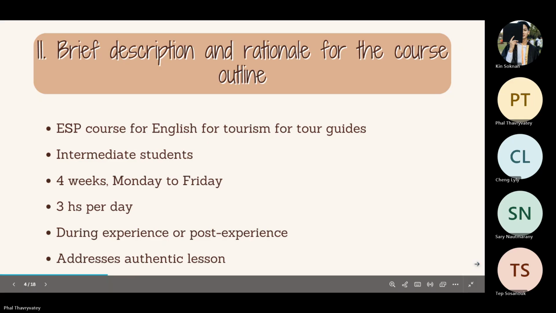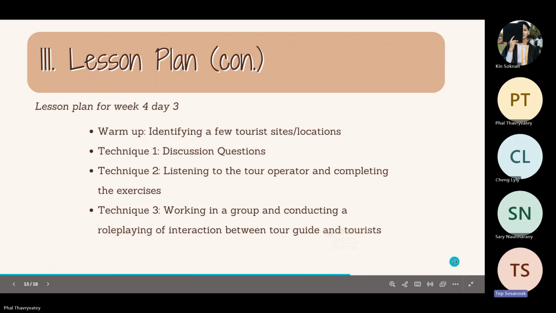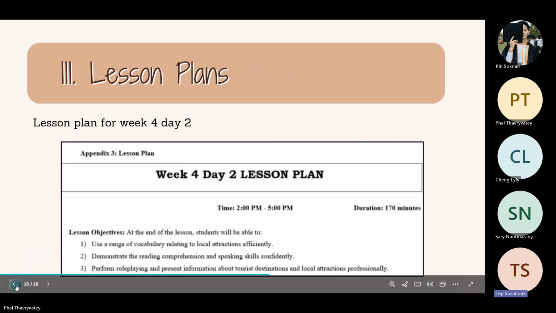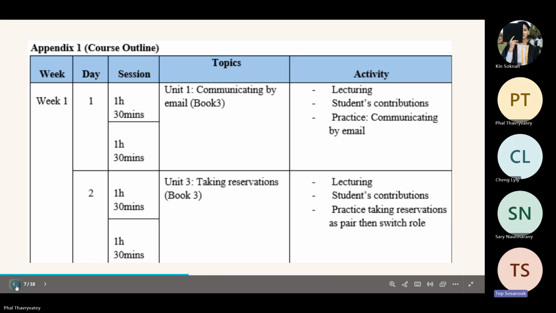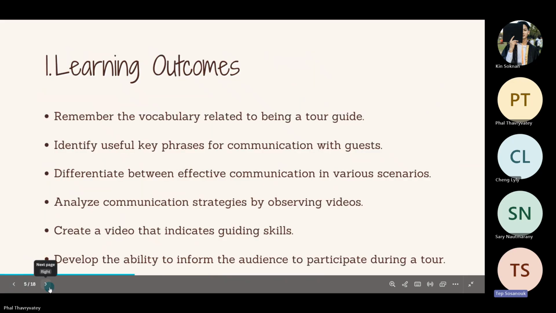Thank you, Bong Marani, for giving me the floor. I would like to continue to the next part, which is the learning outcome.